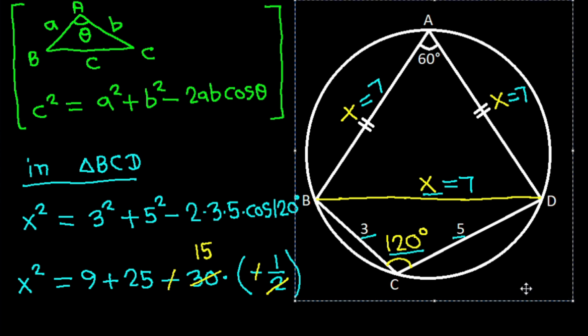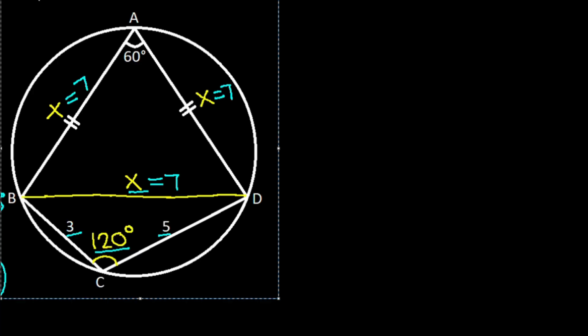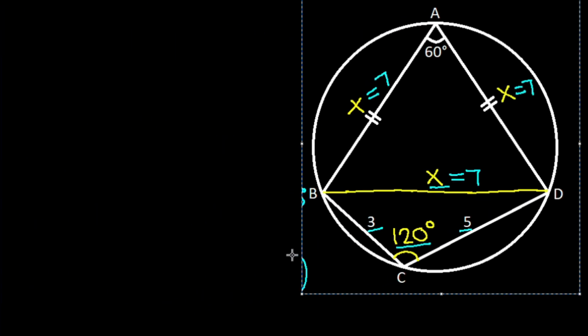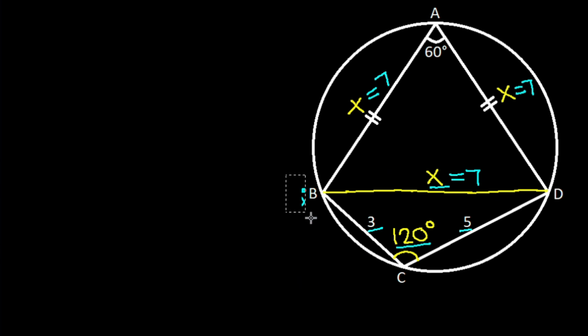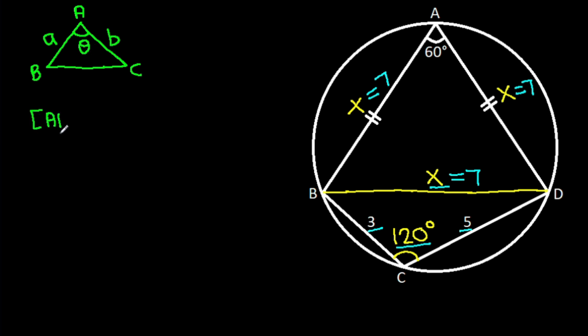Now in any triangle ABC, if AB is A, AC is B, and this angle is theta, then area of ABC is 1 over 2 times A times B times sine theta.